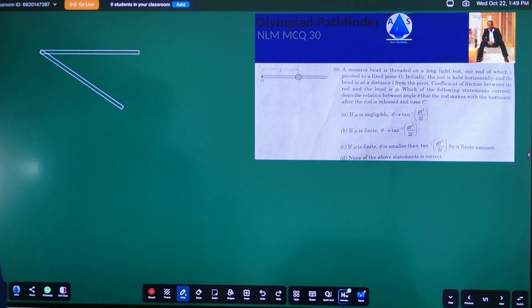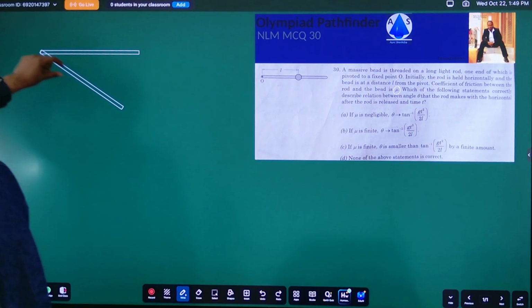Let us say in t time, the rod has taken this position.